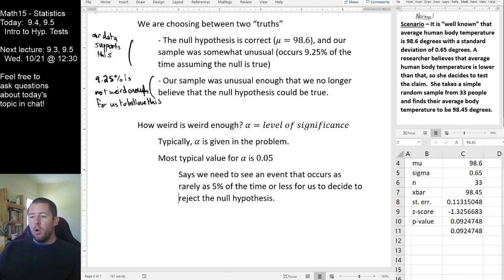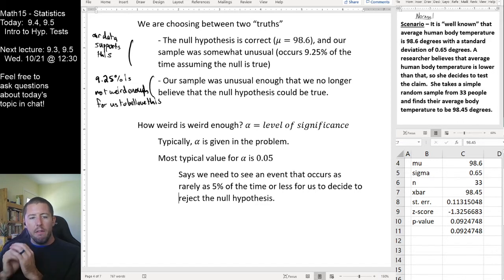So in medical situations, it's often the case that we see very, very small alpha values, right? If we see an alpha value of like 0.01, then what that says is that we need to see events that are less likely to occur than even a 1% chance relative to the null hypothesis for us to claim that there was truly an impact from those drugs right there. That's a very difficult threshold to get over.